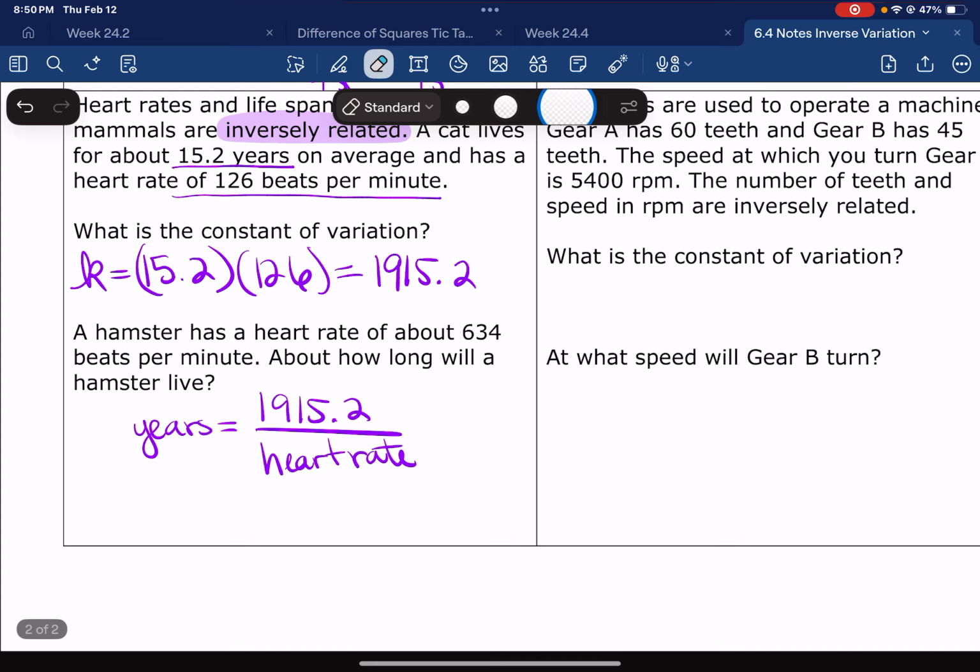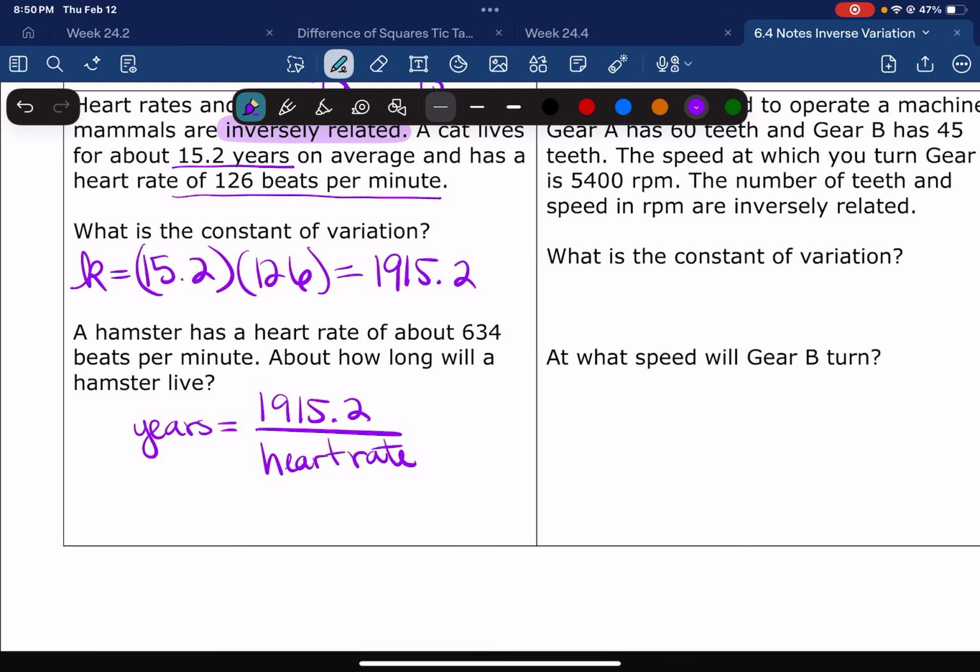But a hamster has a heart rate of about 634 beats per minute. About how long will a hamster live? Well, 634, this value right here is our heart rate. So we're going to sub it in right there. So the hamster's years are going to equal 1915.2 divided by our heart rate of 634.